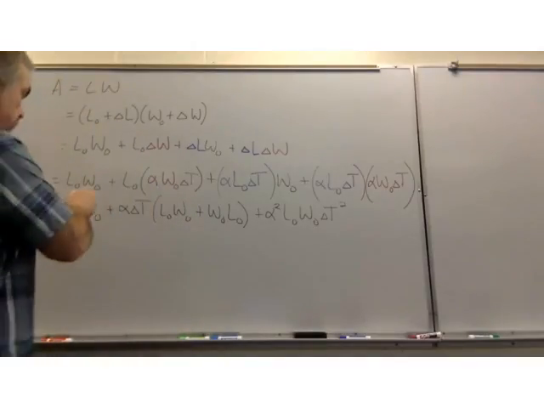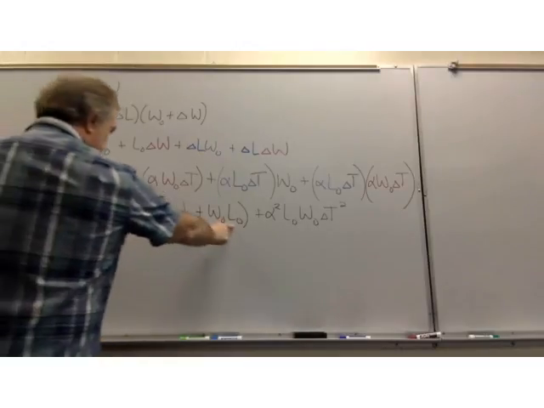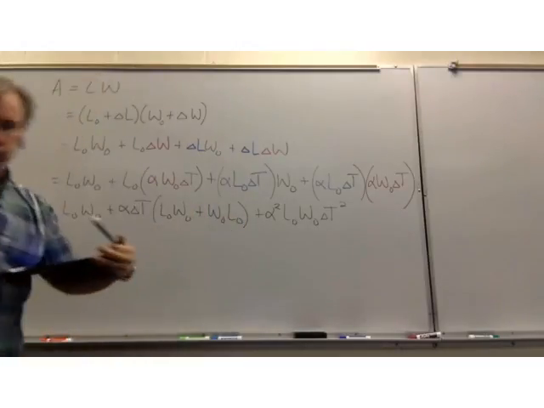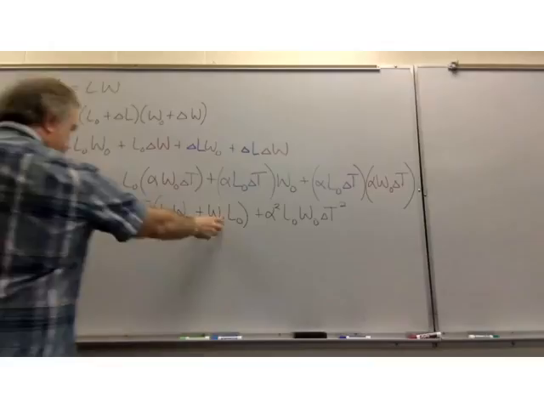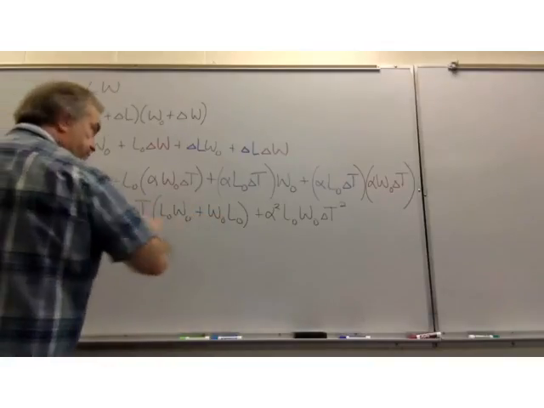And so then what do we have? Well, L naught times W naught times L naught, obviously those two things are equal. So that picks up, that's just one of these with a factor of 2.